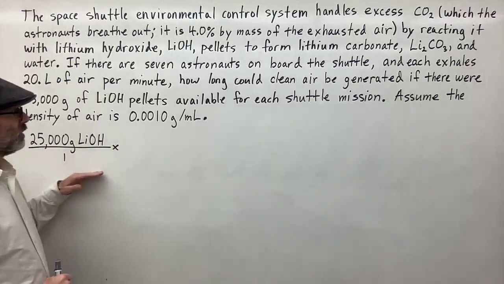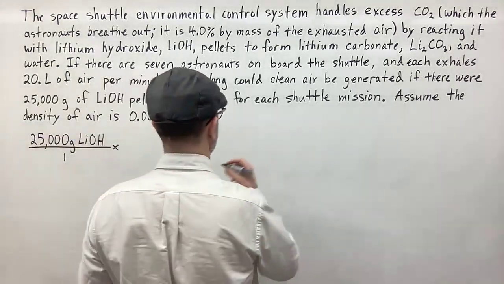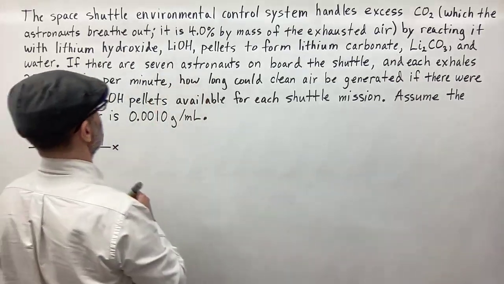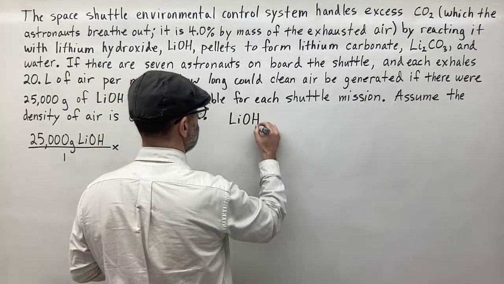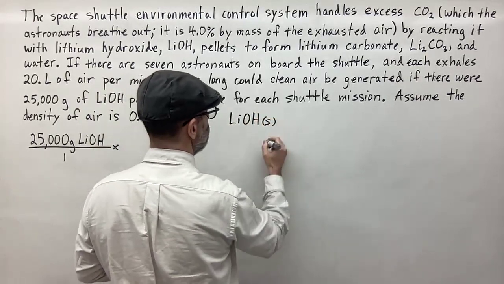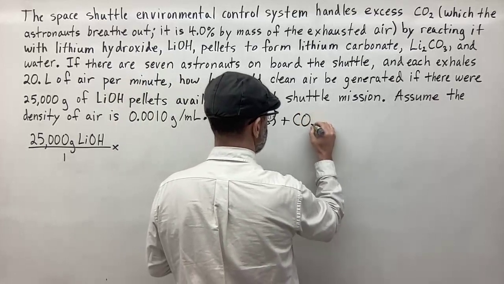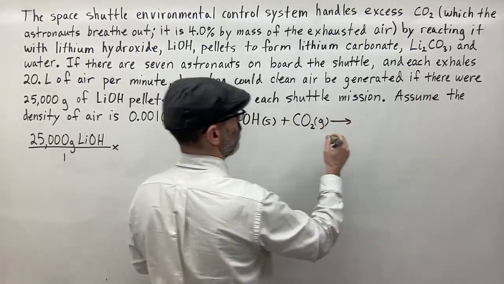So what we need to help us convert is a balanced equation. And so they tell us that the lithium hydroxide, so we have LiOH pellets, are going to react with the carbon dioxide, CO2 gas, to form the lithium carbonate.